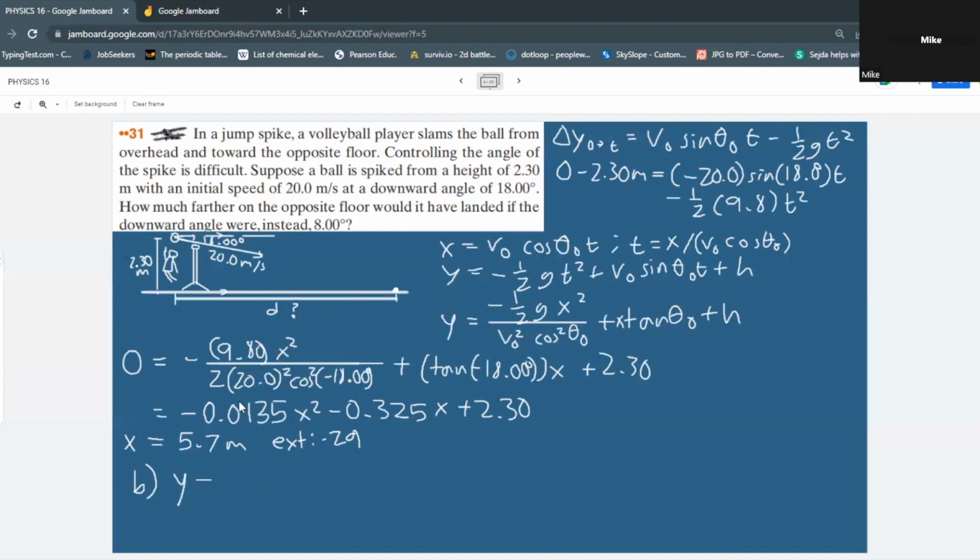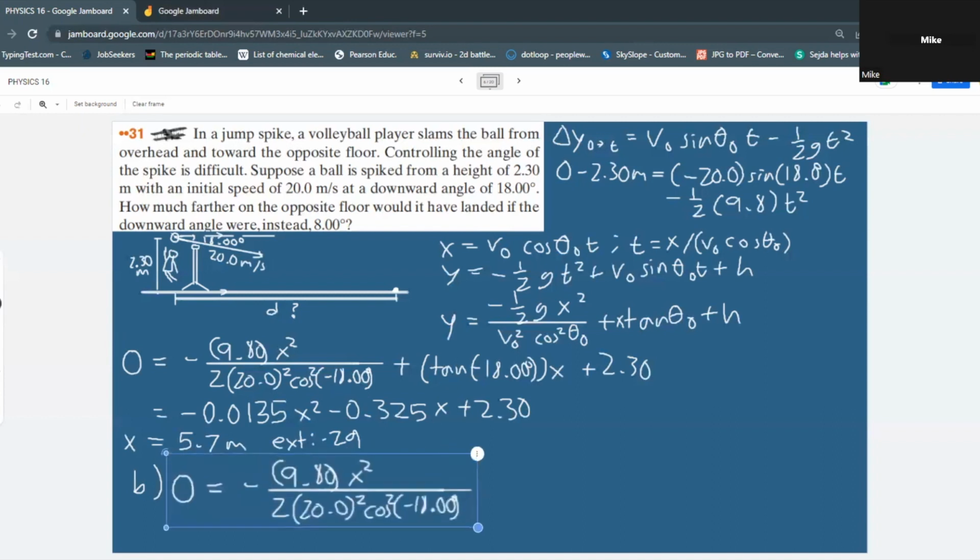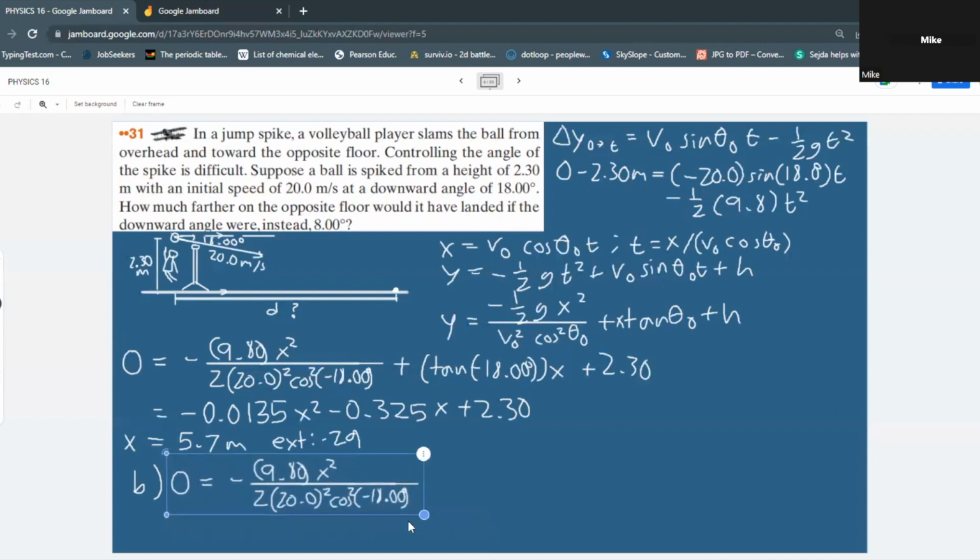Oh wait, no, it's still the same. Exactly the same equation except for the cosine. That is the landing point for negative 18. Now, for negative 8, the other 8 degrees, what?